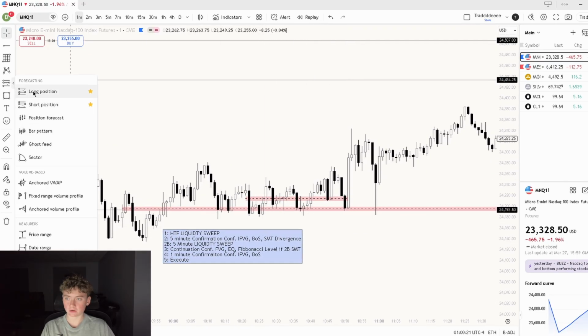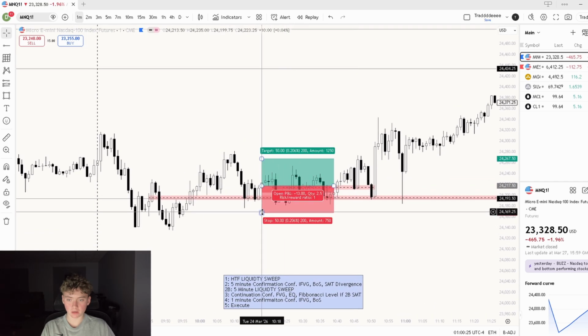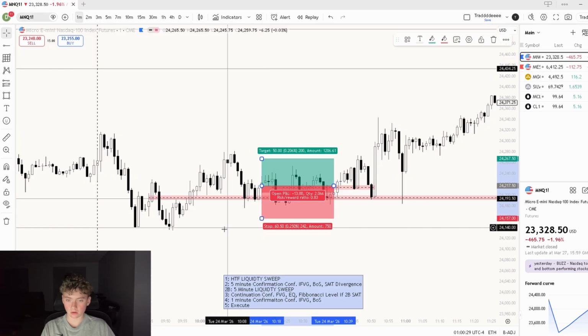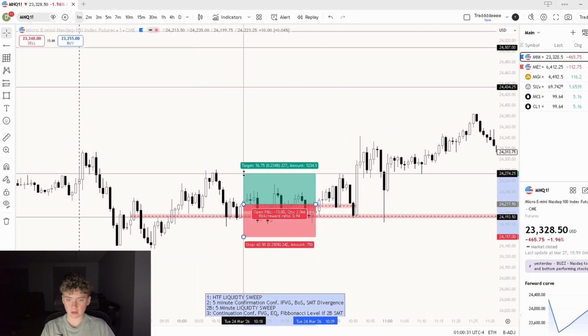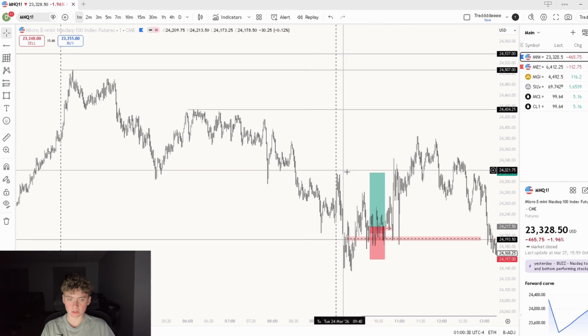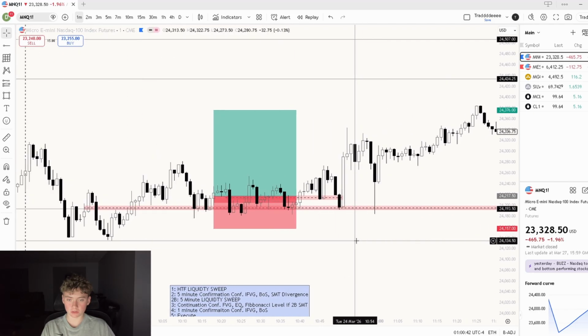I'd take longs here. I would set my stop below the wick of the gap creating candle, which is right there, and then we'll go TP at this high for partials, and then we'll go this high for more partials, and finally we'll take this high for our last partials.